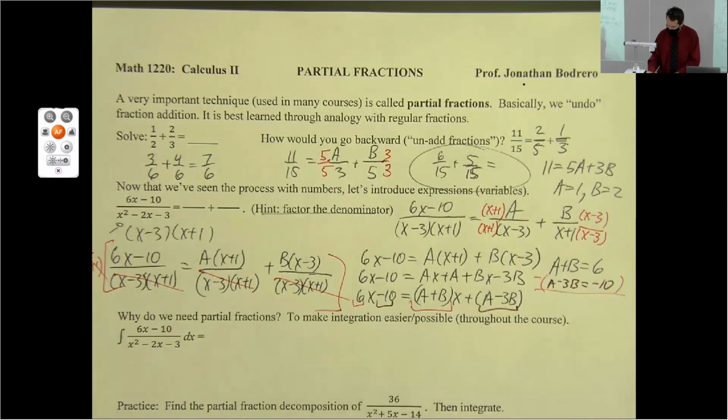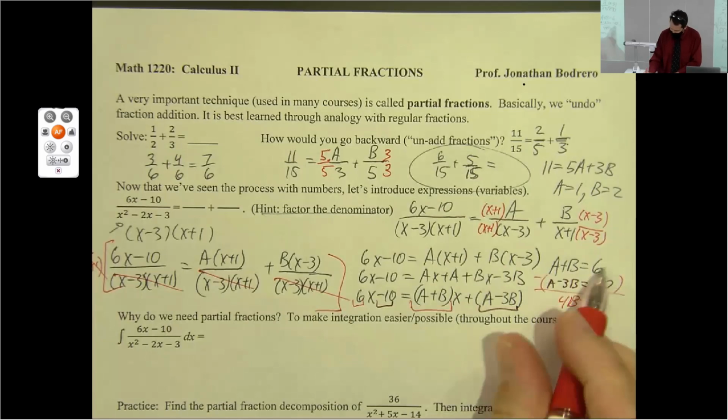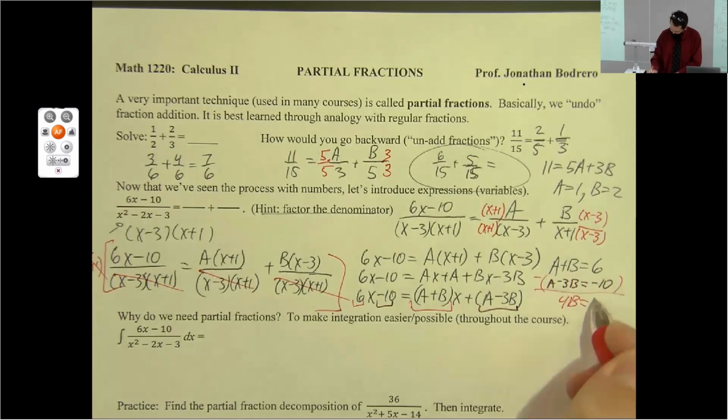Okay. A minus a is 0a, so we just eliminated. B minus a -3b is 4b. And 6 minus a -10 is, careful, 16. So when we divide by 4, we find out that b is 4. And if b is 4, then a is 2.